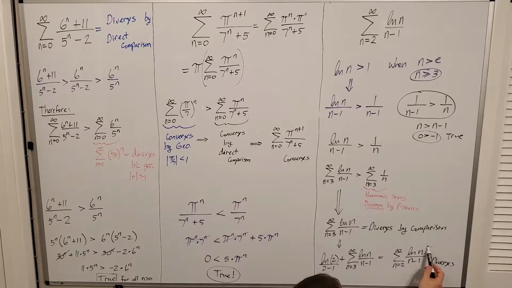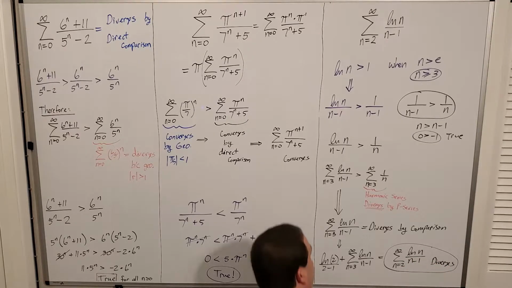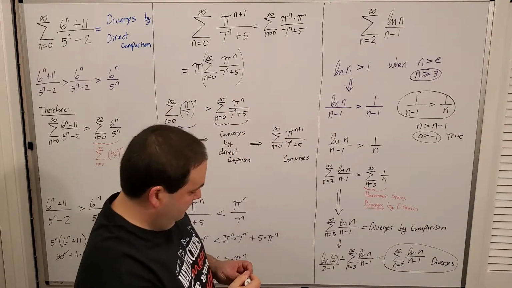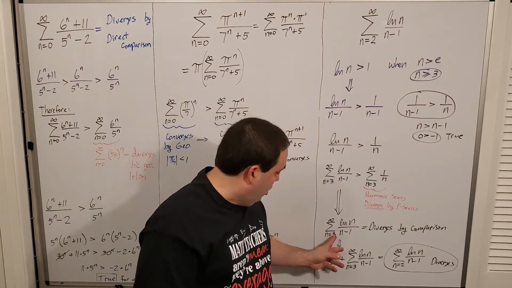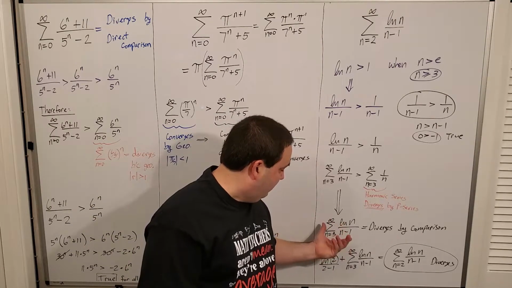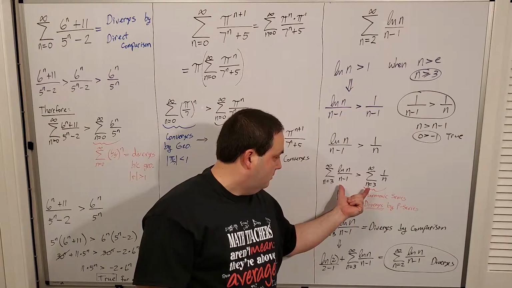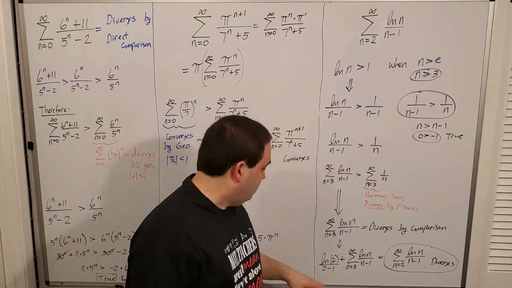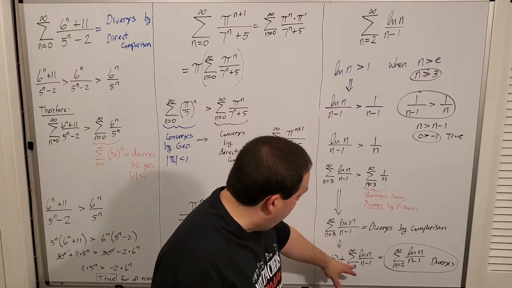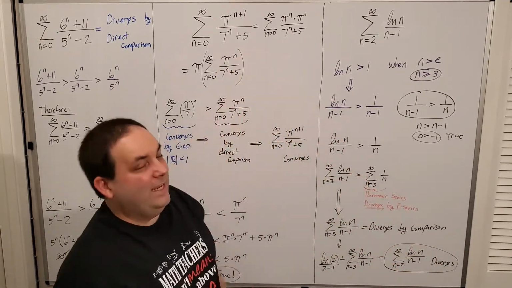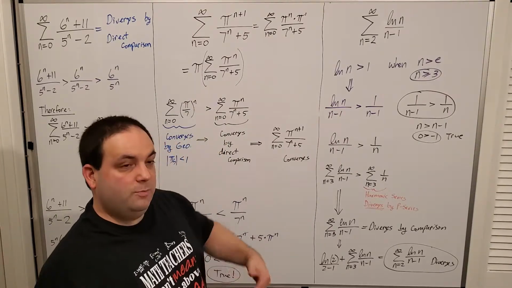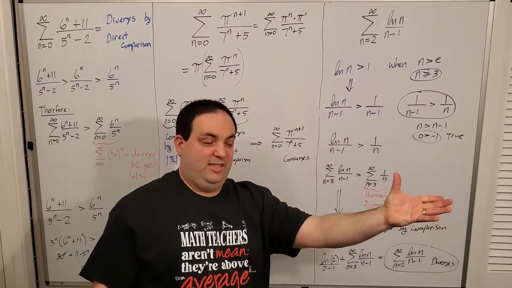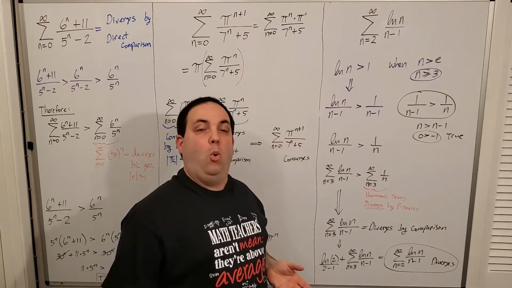Because adding one more number does not change the fact that something diverges. Okay? So we showed that from 3 to infinity, the sum diverges by comparison because it's greater than something that already diverges. Right? And then adding on one more number, the actual sum that we were interested in originally diverges because it's a divergent series plus a little bit more.